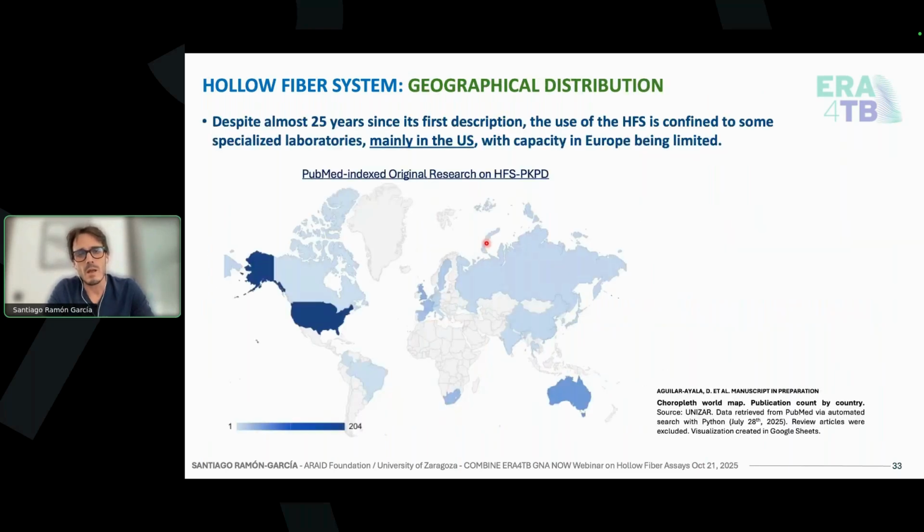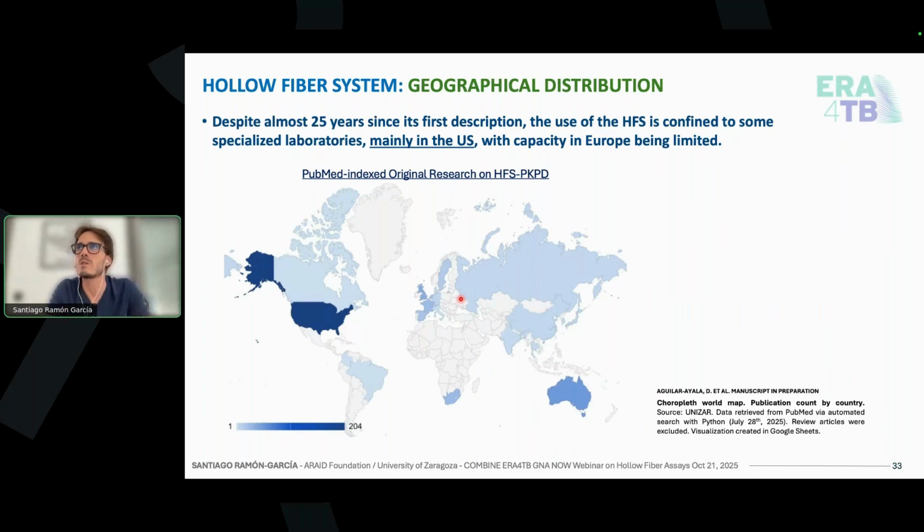Another thing from the European perspective is that despite almost 25 years of its report, the main capacity is in the USA. So in Europe, we have very, very limited capacity. Here are a few of the groups that are working, but we don't have enough built-up capacity on the system.